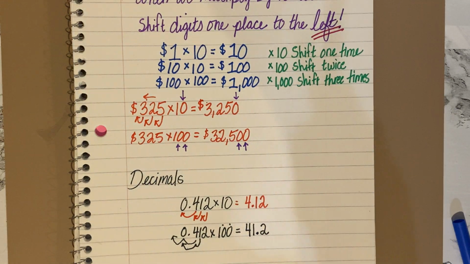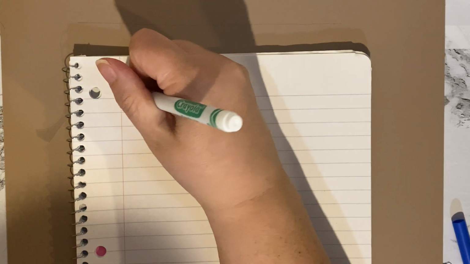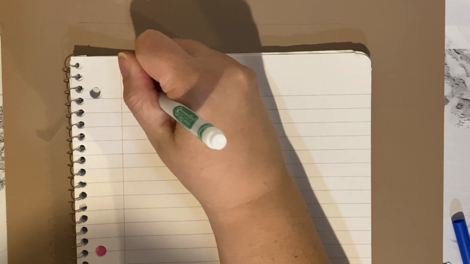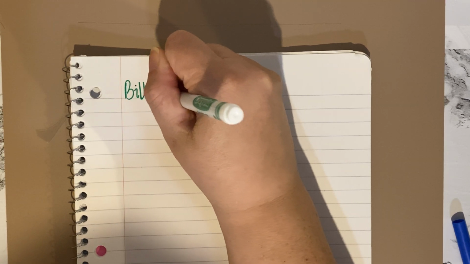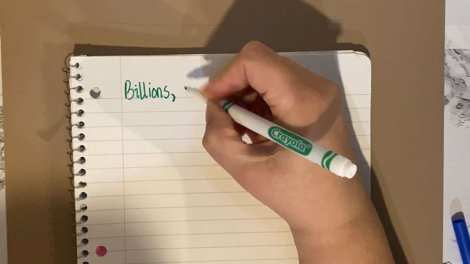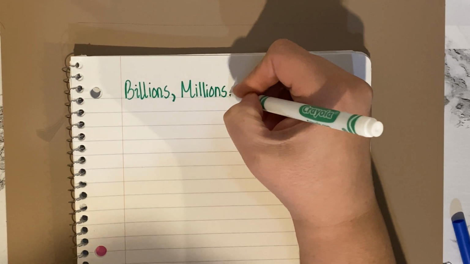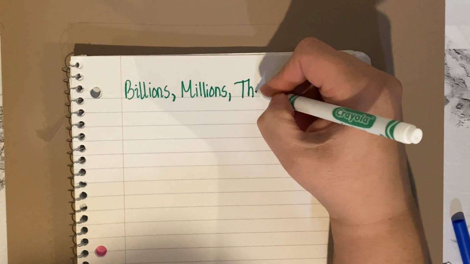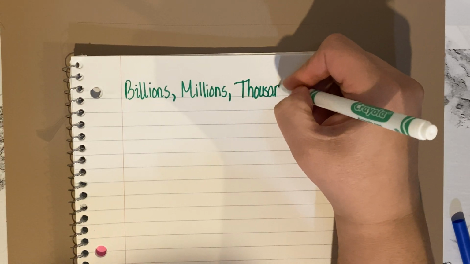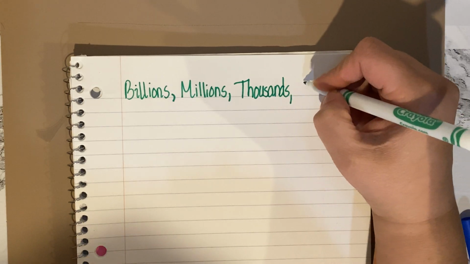Okay. Go ahead and turn your page. We're going to create a chart that you are going to do as you watch the video. Our chart is going to be dealing with the places billions, millions, thousands, and ones. So at the top across, we're just going to write out billions, comma, millions, comma, thousands, comma, and ones.